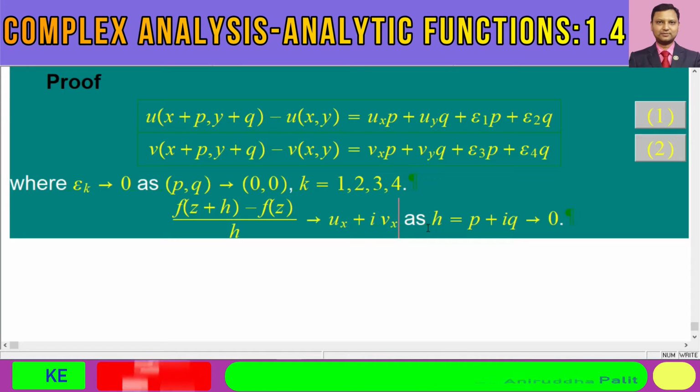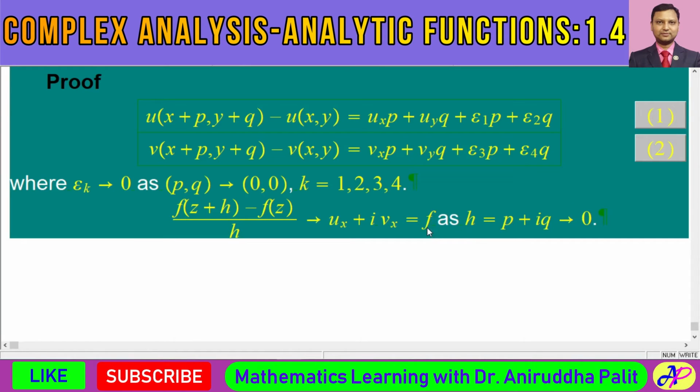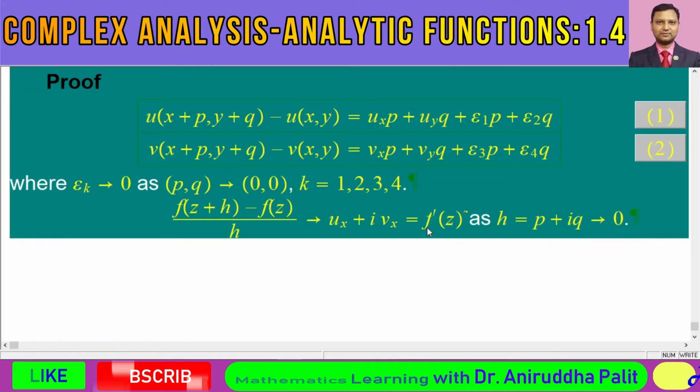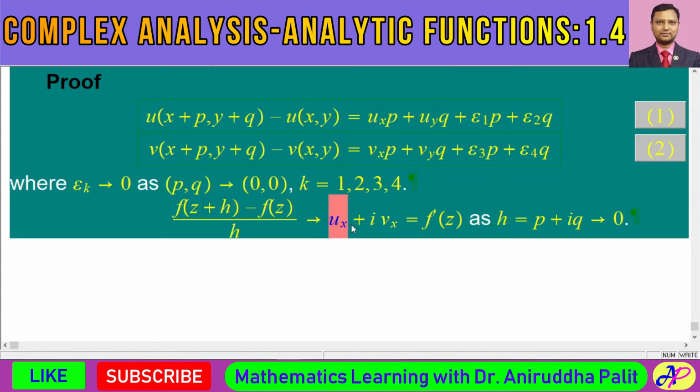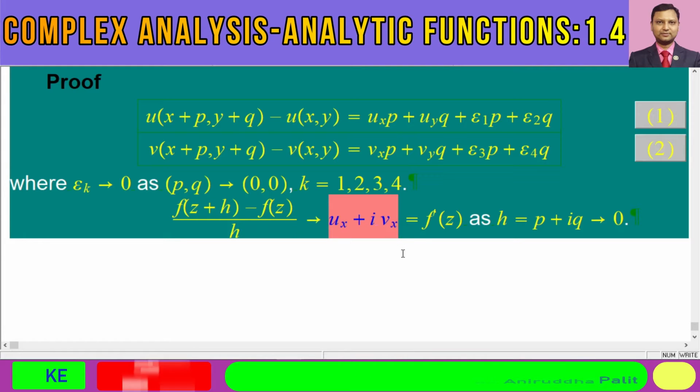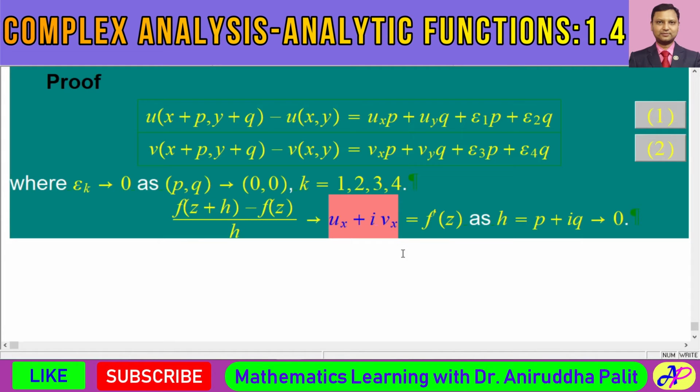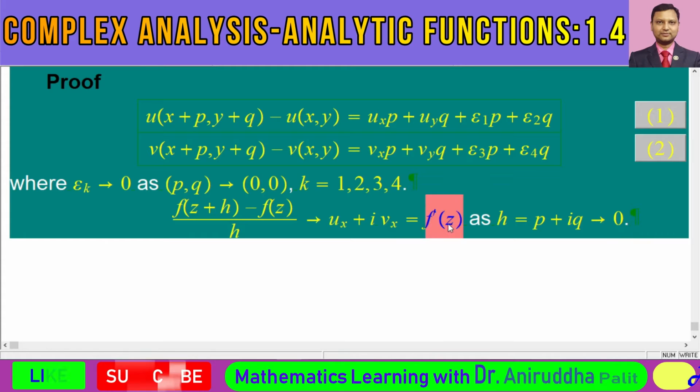And this expression is nothing but our f dash z. So this would be our main blueprint of the proof. Our target is to show that this ratio will converge to this complex valued function ux plus i into vx, and that is actually our f dash z.